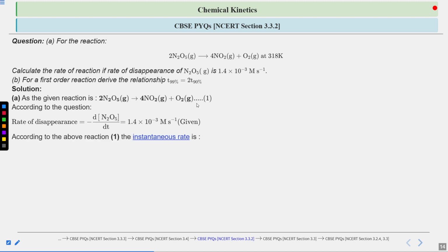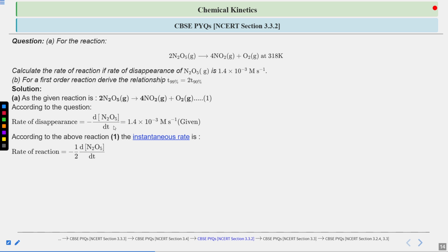Now, according to this reaction, if you want to write the instantaneous rate, the rate of reaction will be equal to minus 1 by 2 of d of N2O5 by dt. d of N2O5 represents the small change in the concentration of the reactant and dt represents the small change in time. As we studied at the very start of the chemical kinetics chapter, when you write the instantaneous rate for this reaction, the reactant having 2 as its stoichiometric coefficient goes in the denominator.